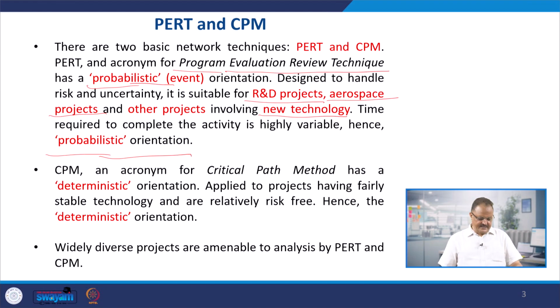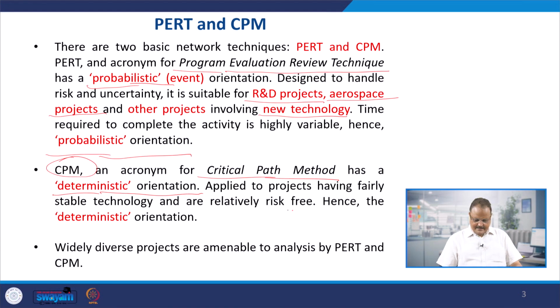Similarly, the second technique is CPM, the critical path method, right? This is the critical path method, which has a largely deterministic orientation, and it is applied to projects having fairly stable technology and which are relatively risk-free.